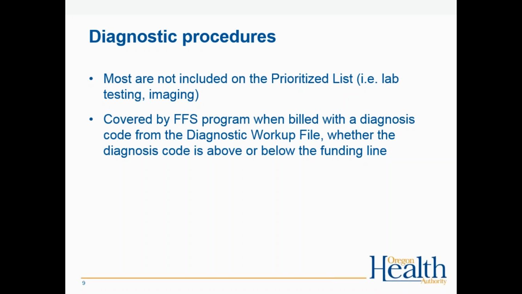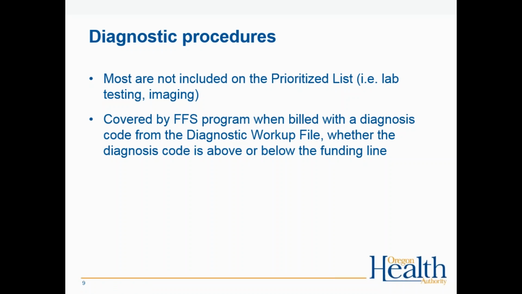Yes. So the diagnostic procedure codes, which are mostly labs and imaging and other office visits for diagnostic purposes, will pay paired with a code in the diagnostic workup file, which are diagnosis condition codes that are not on the prioritized list, and they will also pay with any diagnosis code that is on the prioritized list, either above or below the funding line.